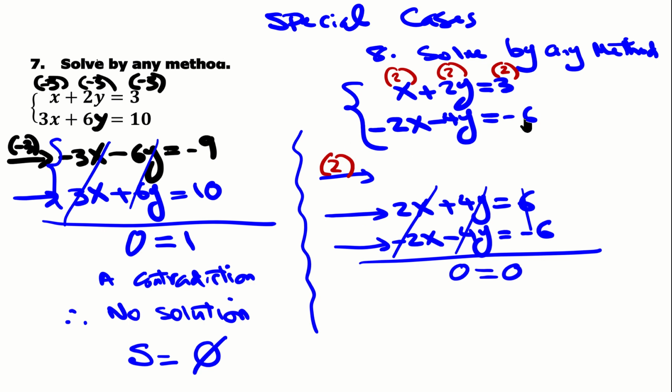If you multiply both sides of this equation by -1/2, you'll get this equation. In other words, these two equations are basically representing the same line. And that's why they're going to have infinitely many points of intersection when you look at the graphs. So therefore, the way we represent these solutions, this is an identity.